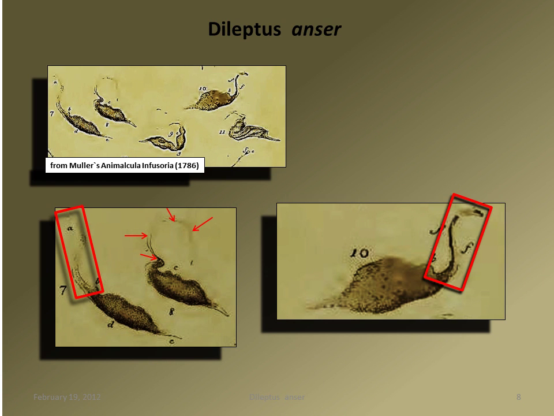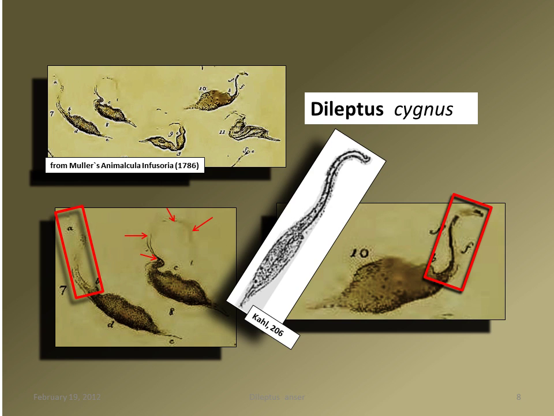Probably all 5 of the represented organisms are Dileptus, but it seems quite possible that if these organisms were classified today, 3 would be identified as Dileptus cygnus.